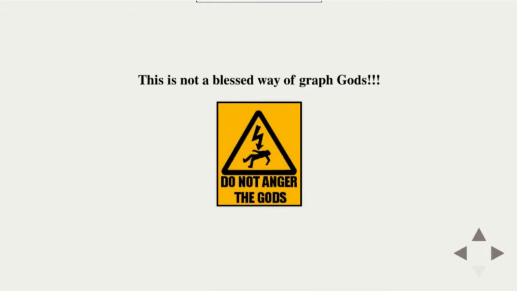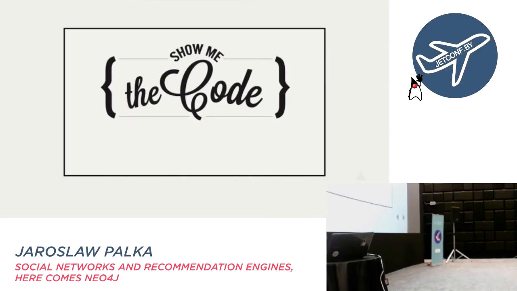Don't think about SQL. Because what Neo4j is good at is traversing graphs. If you create your query as a traversal, so you go from node to node, it will work pretty fast. If you do the Cartesian product or try to do joins, you will be hit by the lightning of the god of graphs.